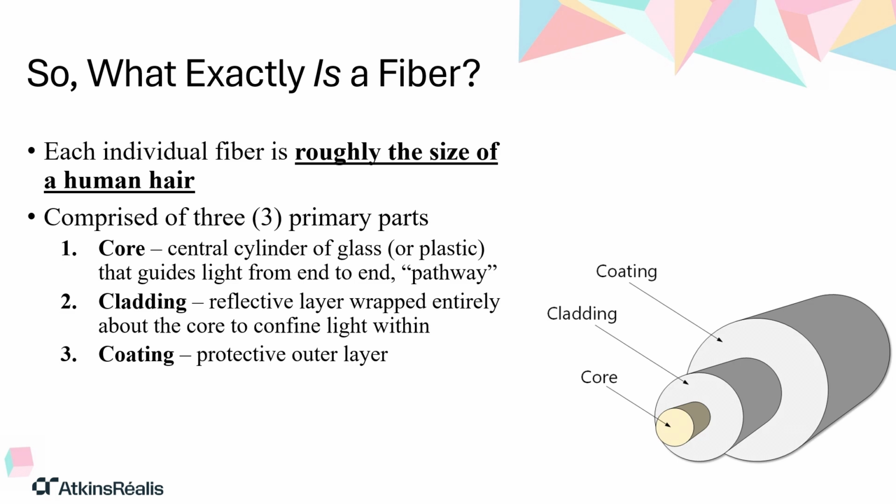We talked a little bit about the cladding earlier, but this is the reflective layer that is wrapped entirely around the core that helps us confine the light or allows the light to bounce between the various layers of cladding from one end to another. The coating is really just our protective outer layer. The 3 elements combined make up each individual fiber.